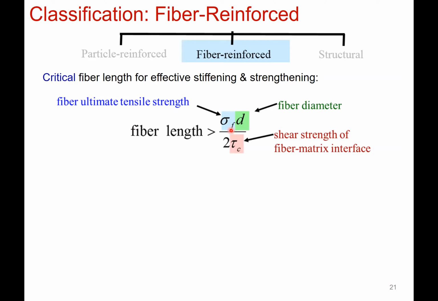Well, you can calculate your critical length by knowing the fiber's ultimate tensile strength, multiplied by the diameter of that fiber, on the nanometer, micrometer length scale, divided by 2 times the shear strength of the fiber matrix interface. So you have to know the type of adhesion between your fiber and your polymer matrix to know the shear strength of that interface. So the interface is really important.